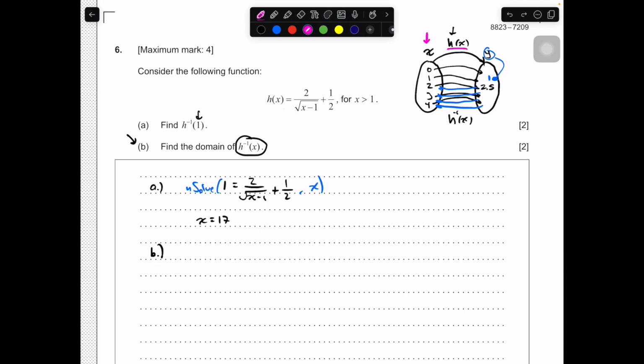If we're asked for the domain of the inverse, we're saying, what are these possible values that we can feed in, and that they'll produce some output. So how can we do this? H of x, we have inputs and they generate an output, but they'll only generate certain outputs. What are all of the outputs that are generated?